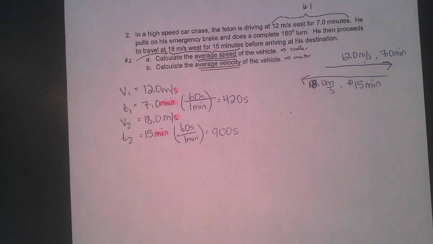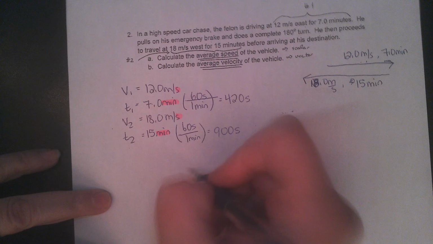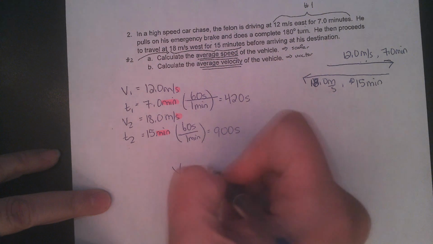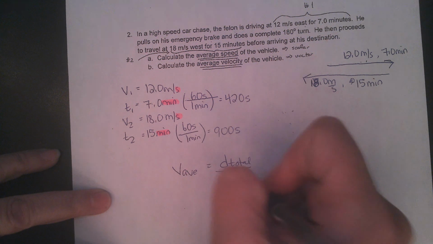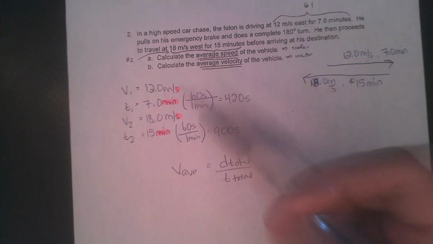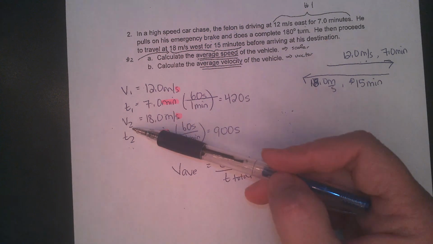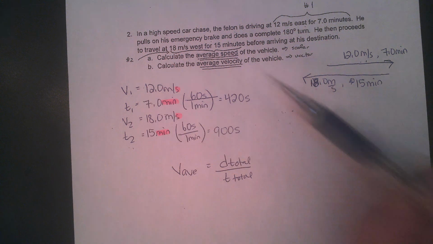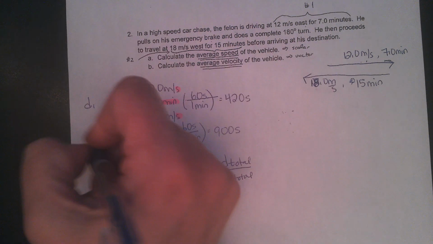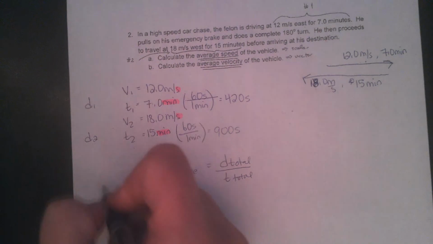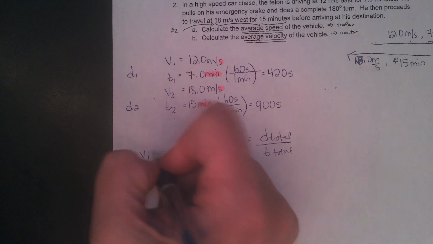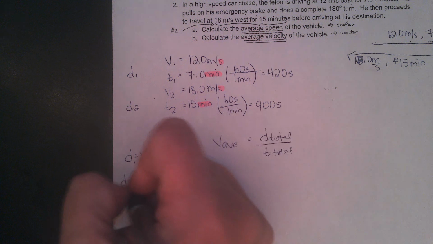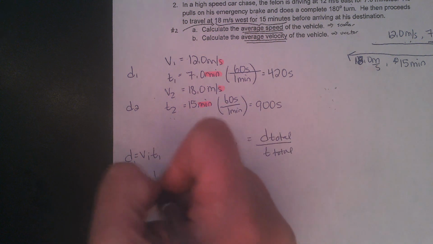So it says calculate the average speed and velocity. In order to calculate average speed, we need distance total over time total. Well, when I look at my list here, I don't have distances. So I need to solve for distance 1 and distance 2. Distance 1 is going to be equal to V1 times T1, and distance 2 is going to be equal to V2 times T2.